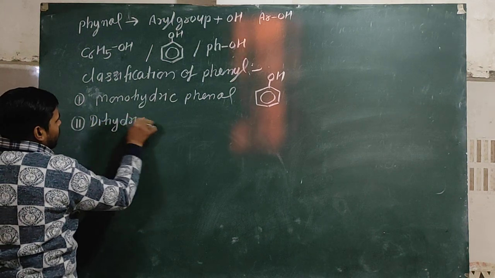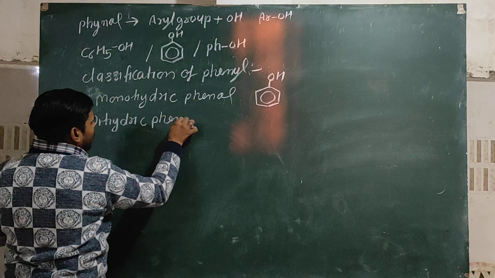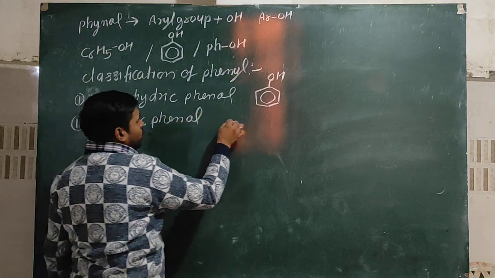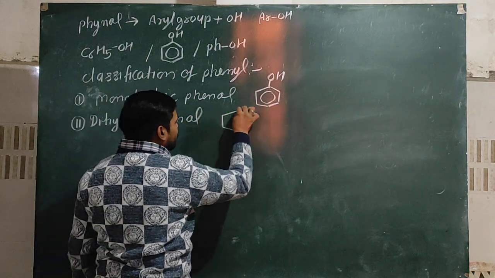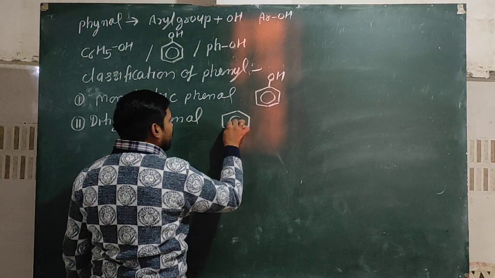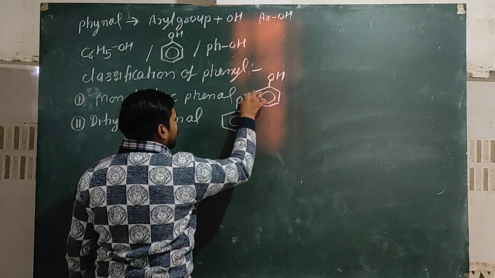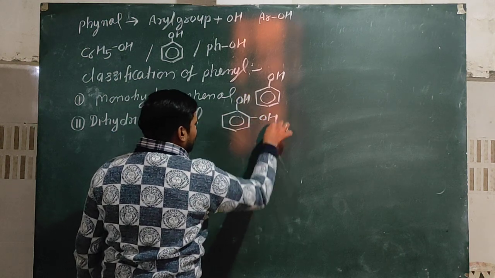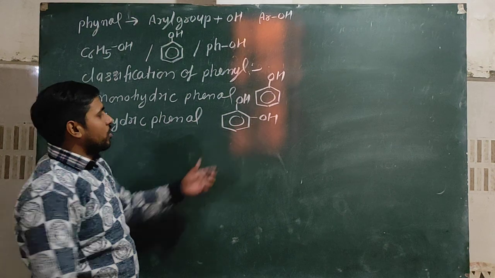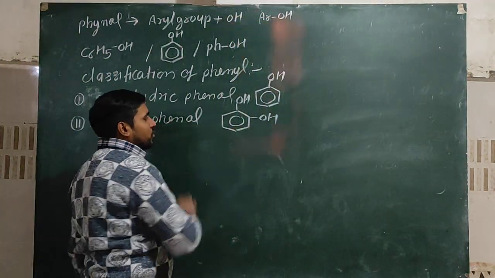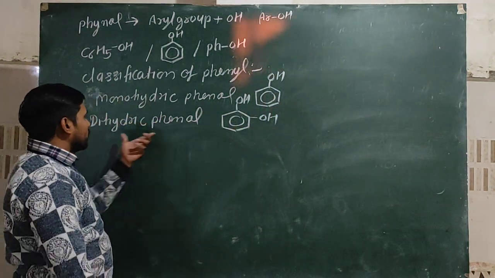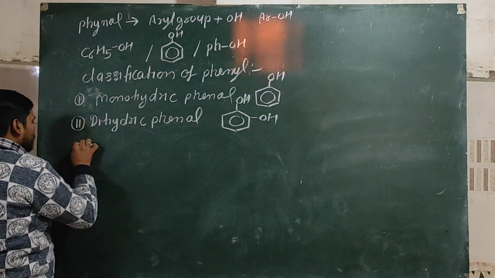dihydric phenol. Dihydric phenols are those in which the benzene ring contains two OH groups. It means that when any phenol contains two hydroxyl groups in its structure, then it is known as dihydric phenol.